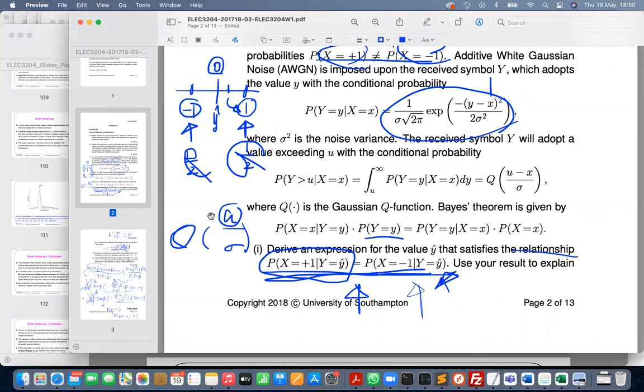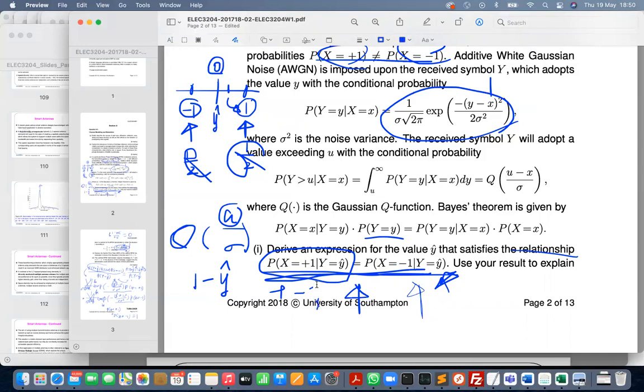So now for this BER, you need to replace A by 1 minus y hat, and the other is -1 minus y hat.